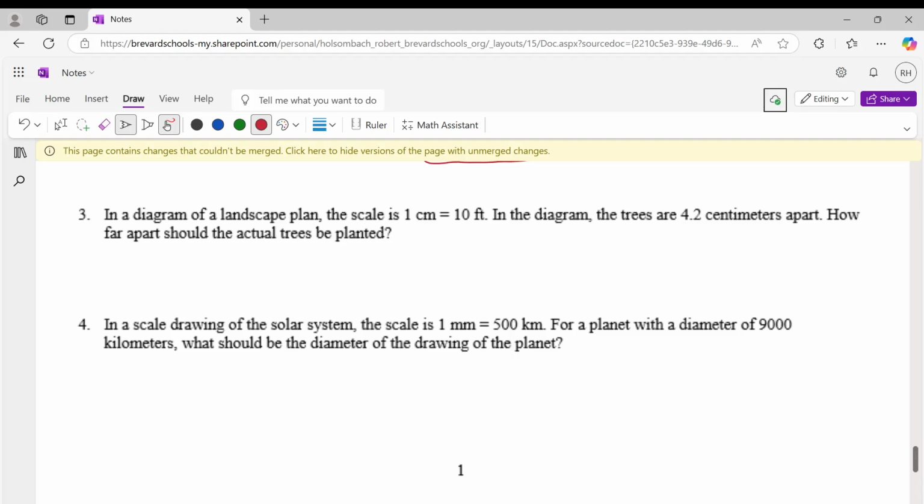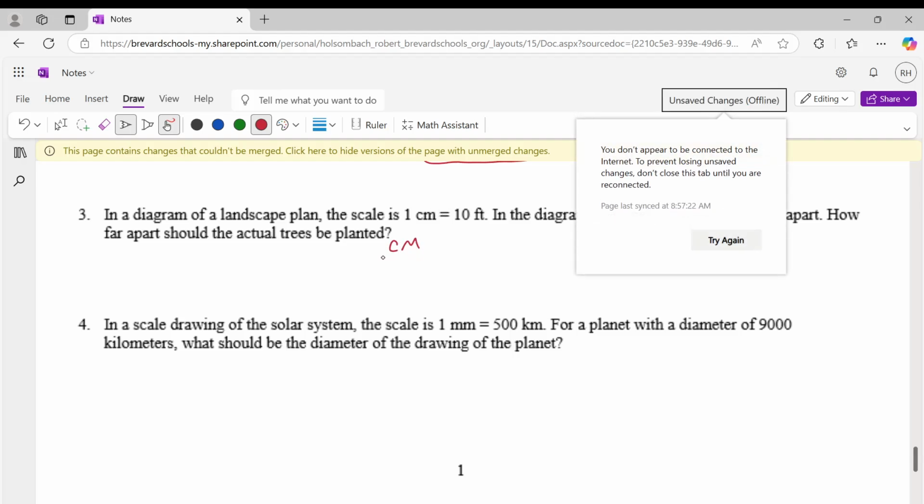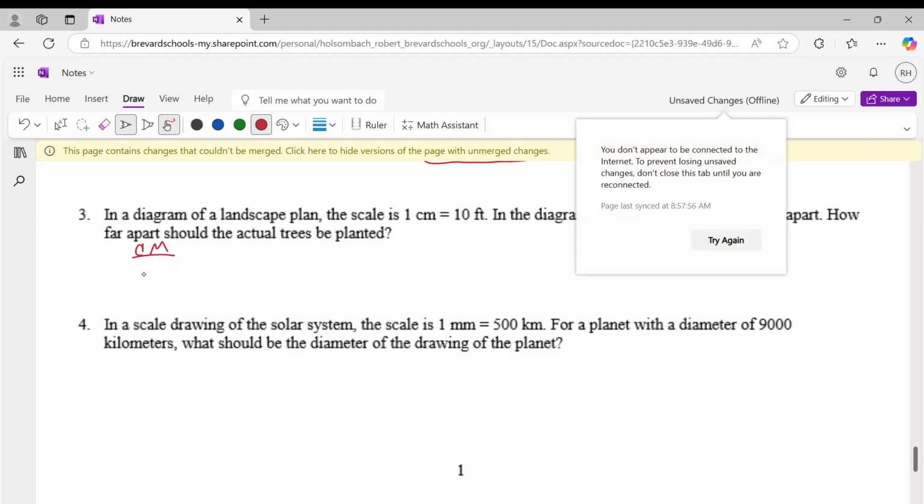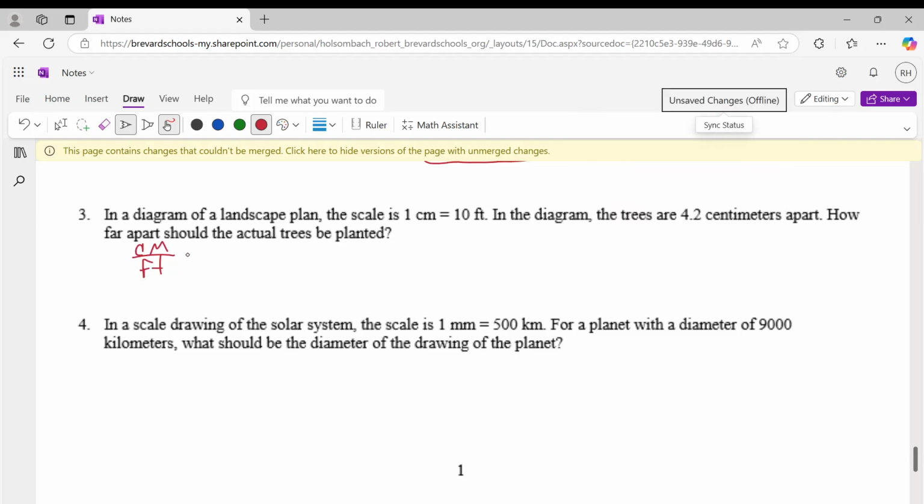Problem number 3, in a diagram of a landscape plan, the scale is that 1 centimeter equals 10 feet. So our scale, centimeters to feet, is equal to 1 to 10.